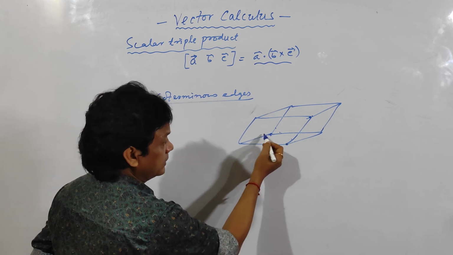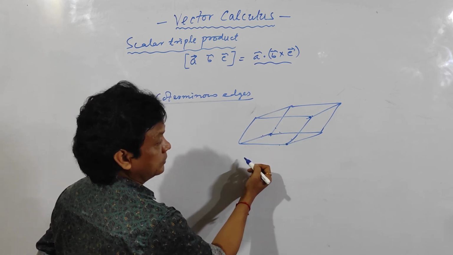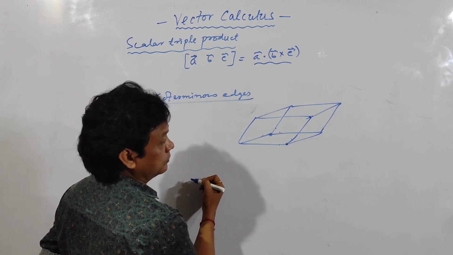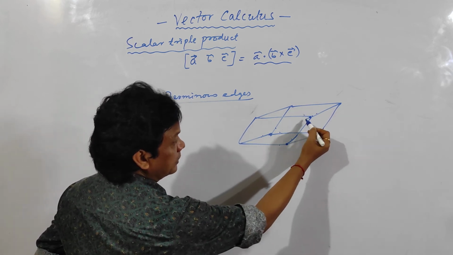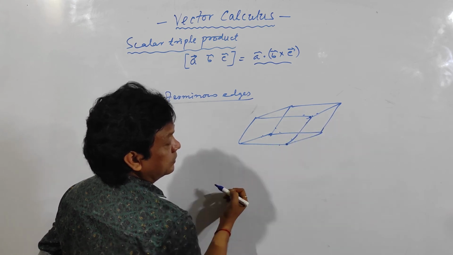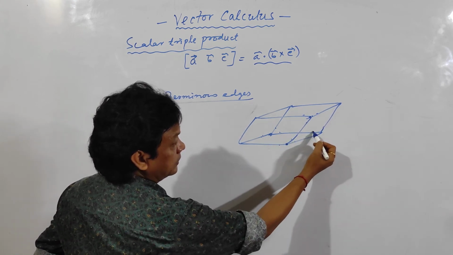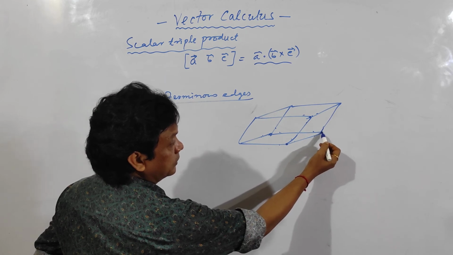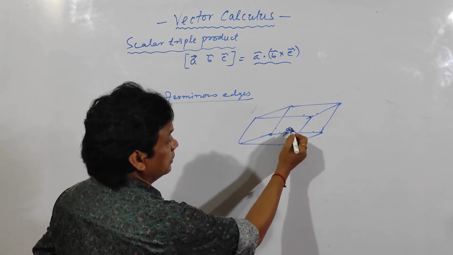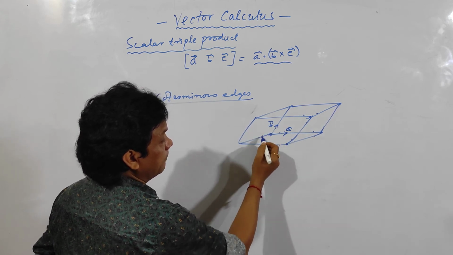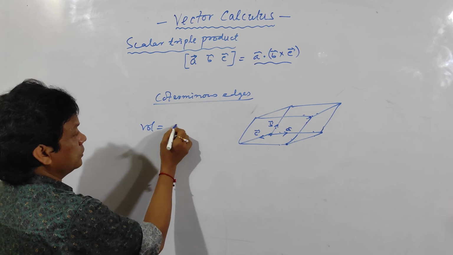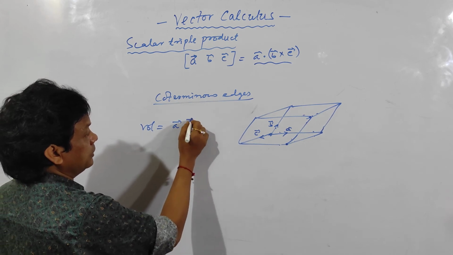So these 3 edges are called coterminous edges with respect to this vertex. And these 3 edges are the coterminous edges with respect to this vertex. So if this one is A vector, this one is B vector, and this one is C vector, then its volume is equal to the ABC triple product.